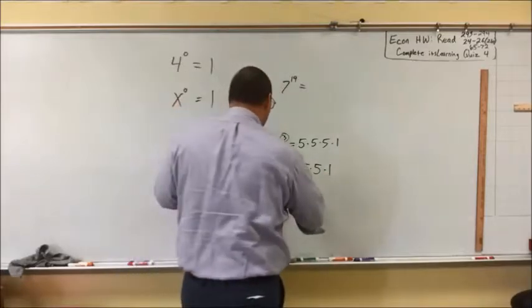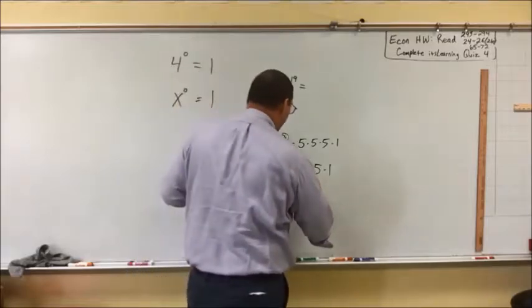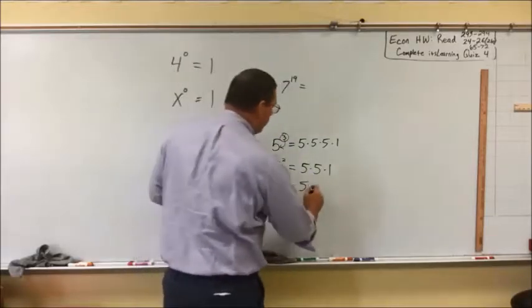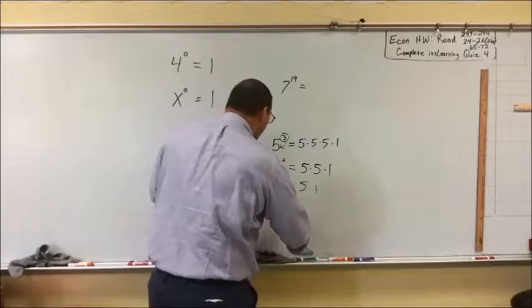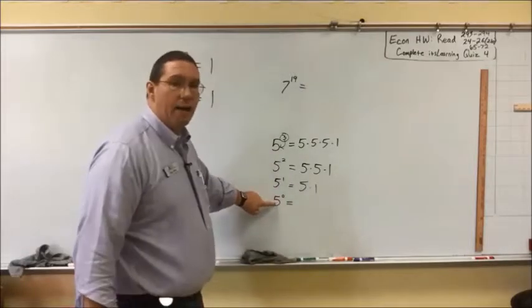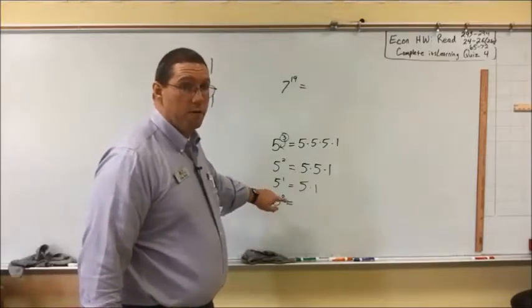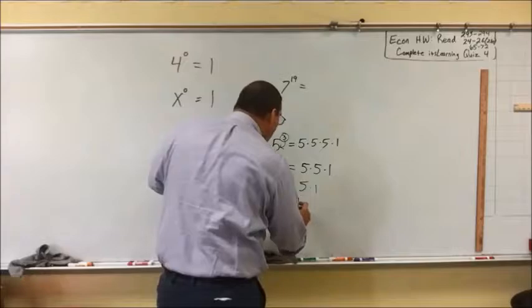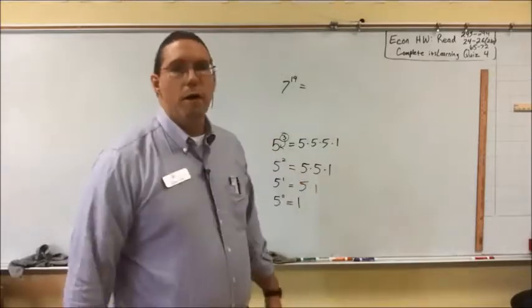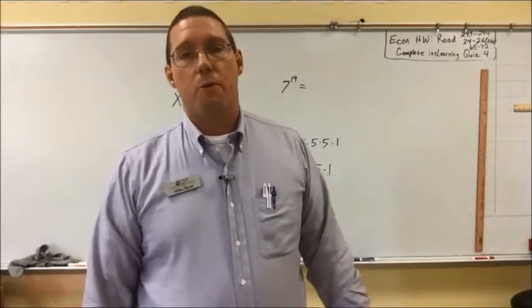What would 5 to the 1st power be, which really is just 5? That's include 5 1 time times 1. Well, then 5 to the 0 power would simply mean include 5 0 times, but the 1 is still there in the product, and therefore anything to the 0 power is equal to 1.